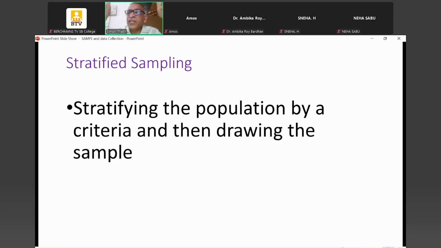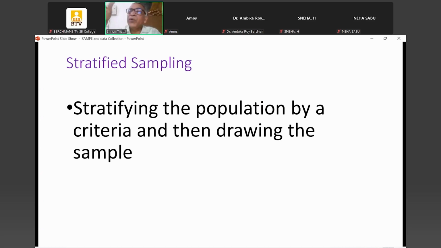And I classify that. I say that there are 3 income groups out of the 1 lakh: 40,000 is in the lower income group, 30,000 is in the middle income group, and 30,000 is in the higher income group. This is the population. So the population has been put into 3 strata based on income.